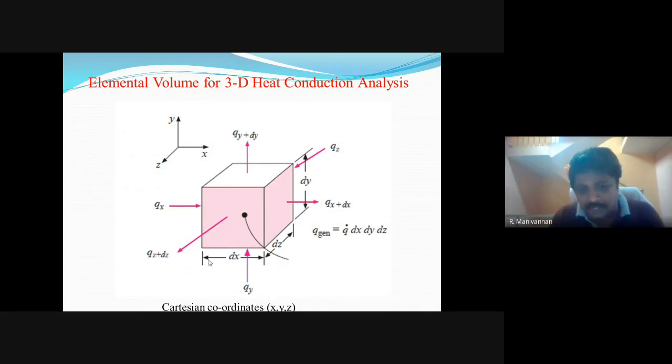We are taking the thicknesses as dx, dy, and dz. So what will be the volume? It will be dx into dy into dz. The heat generated within this element is qgen equal to q dot into dx into dy into dz.